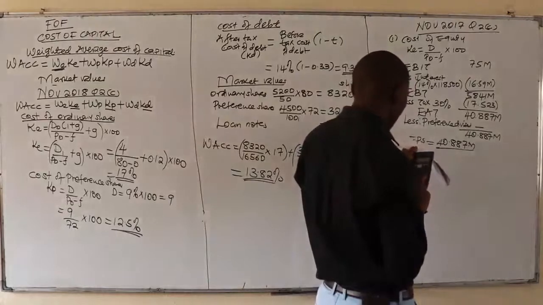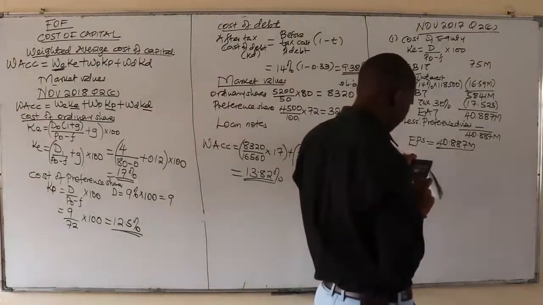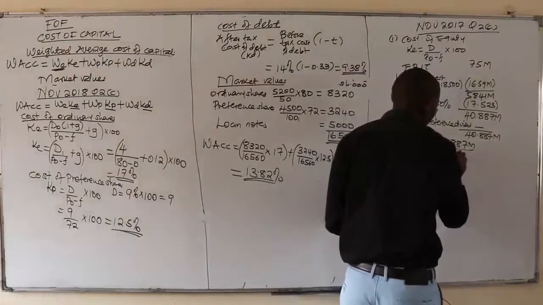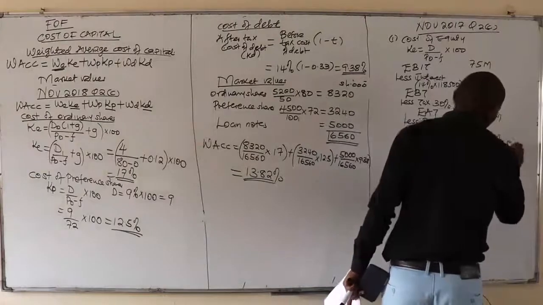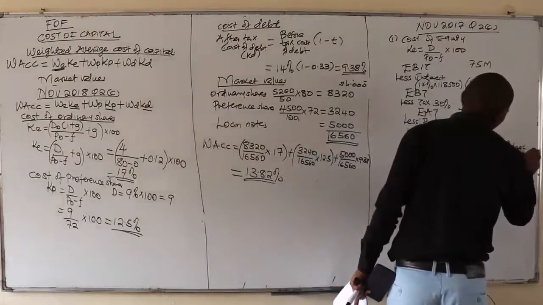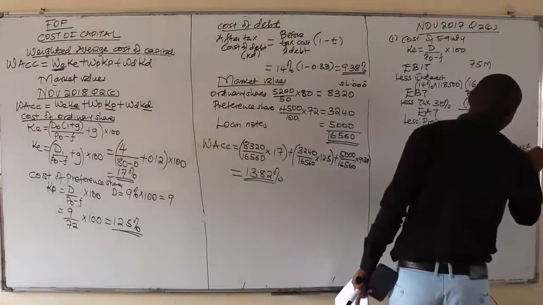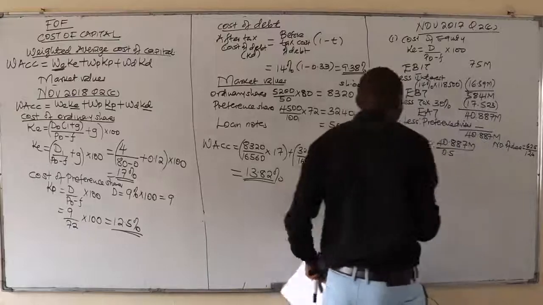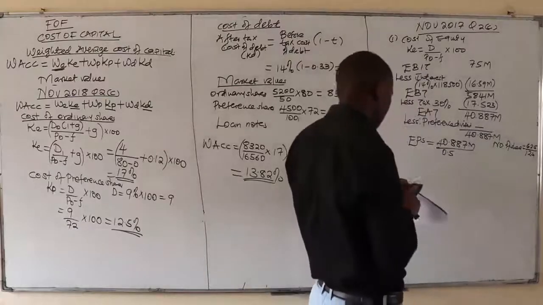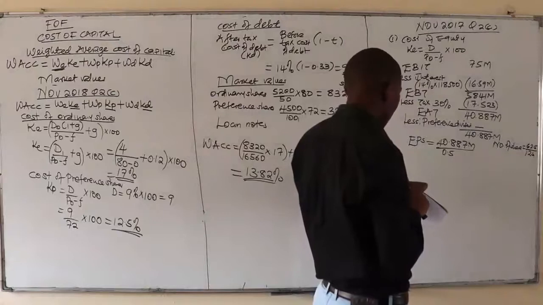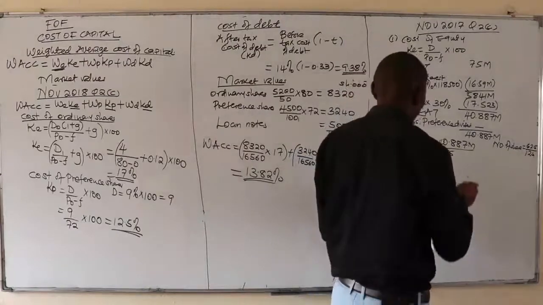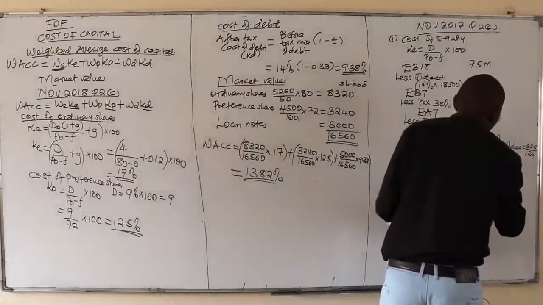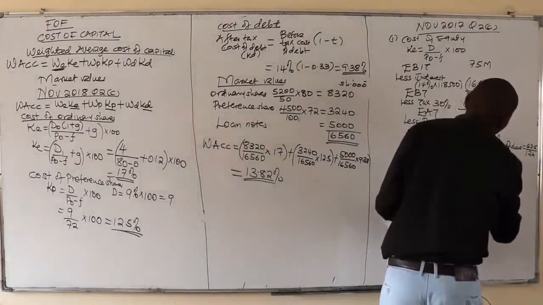You divide by 125, which is 0.5. So if I take 48.87 divide by answer, the earning per share was 81.774. That is the earning per share.